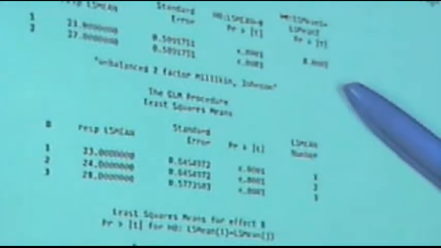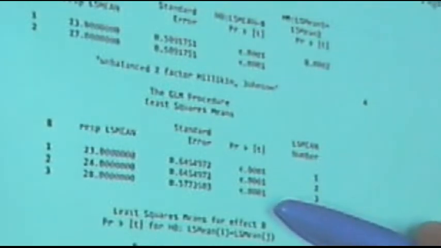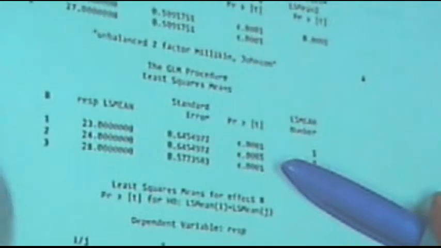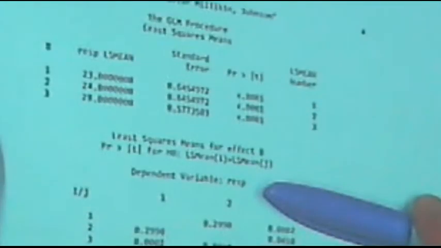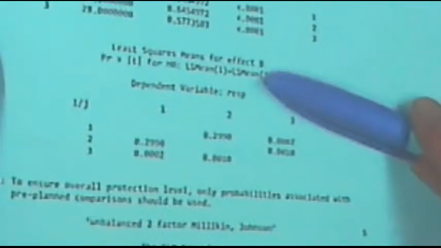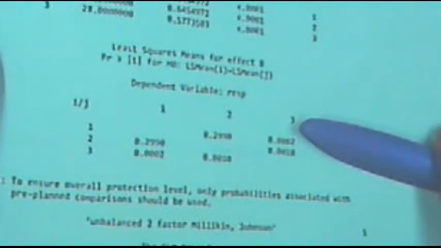Then when I go to factor B, which has 3 levels, I get 3 means, 3 standard errors, and those usually aren't very of interest. But here we have a table about the differences, making comparisons, and so there are 3 differences that are involved here, and here are the p-values for those tests.